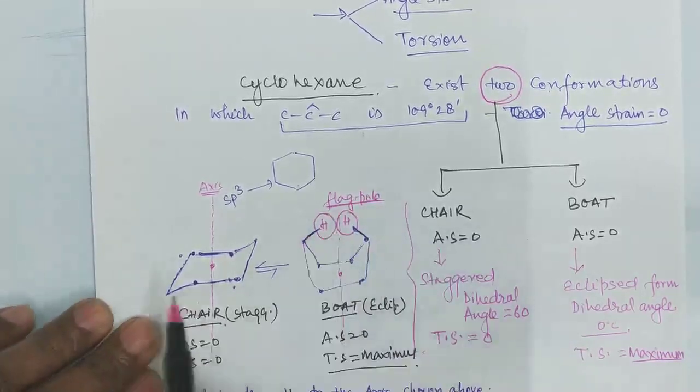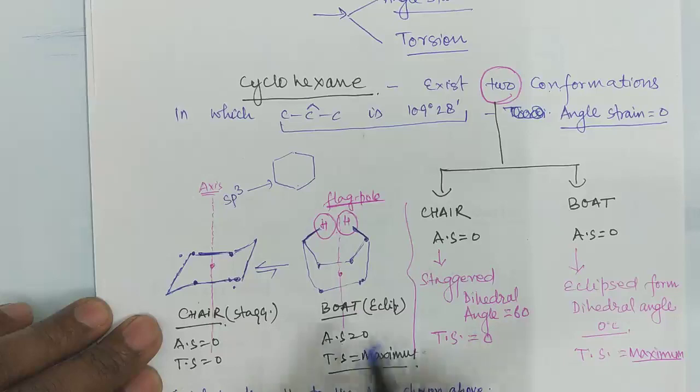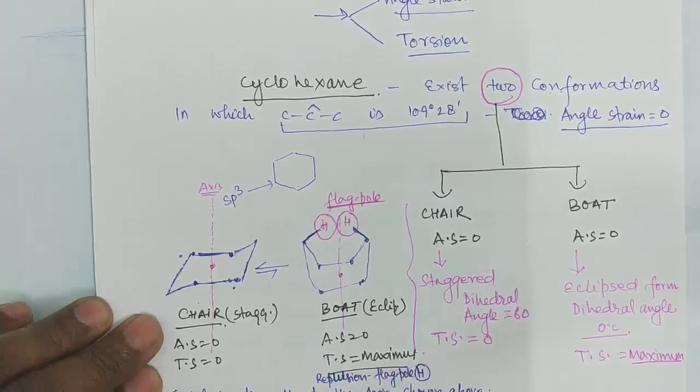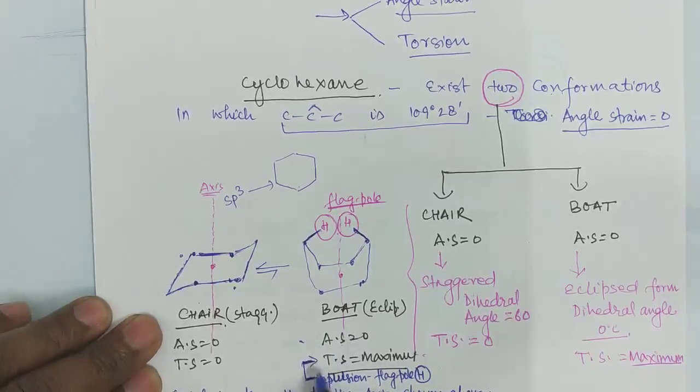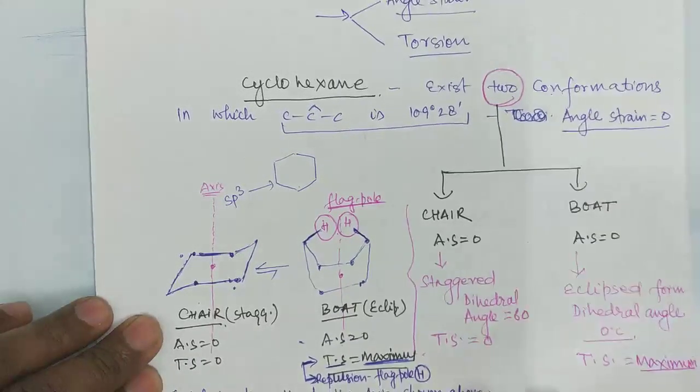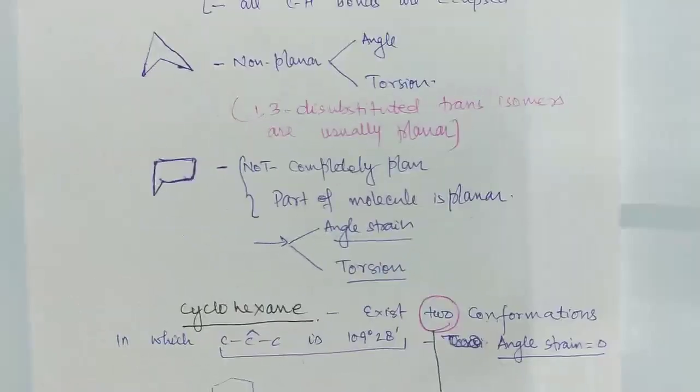This kind of flagpole repulsion is missing in the chair form. So there are two repulsions. One is flagpole repulsion, and the other one is the torsion strain. That's why the boat form is less stable than the chair form. But in chair form, there is no flagpole repulsion.